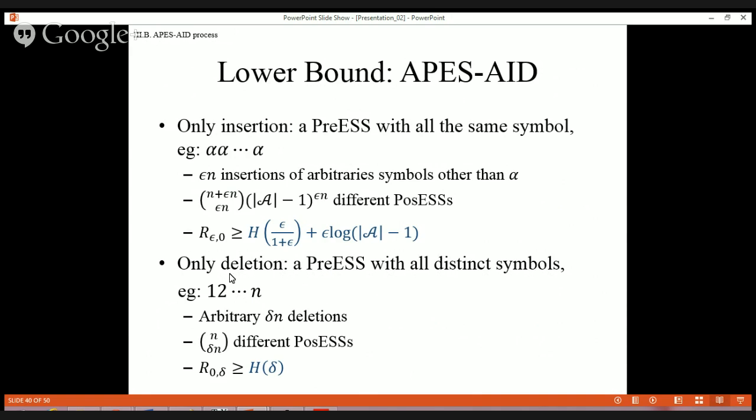But this would give intuition. So for this sequence, by deleting arbitrary delta n symbols in the sequence, all the post-added source sequences will be different, and the number is just n choose delta n. The lower bound for the optimal rate for the only deletion process is h of delta, and the physical meaning of this is the positions of the deletions.